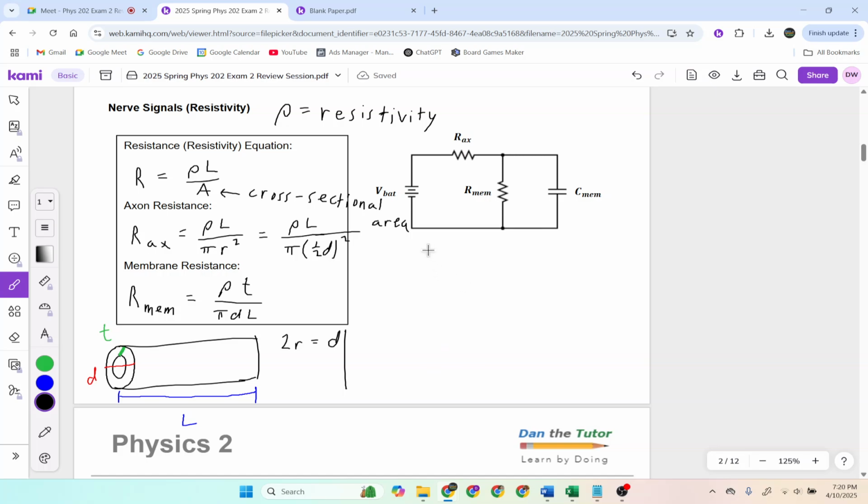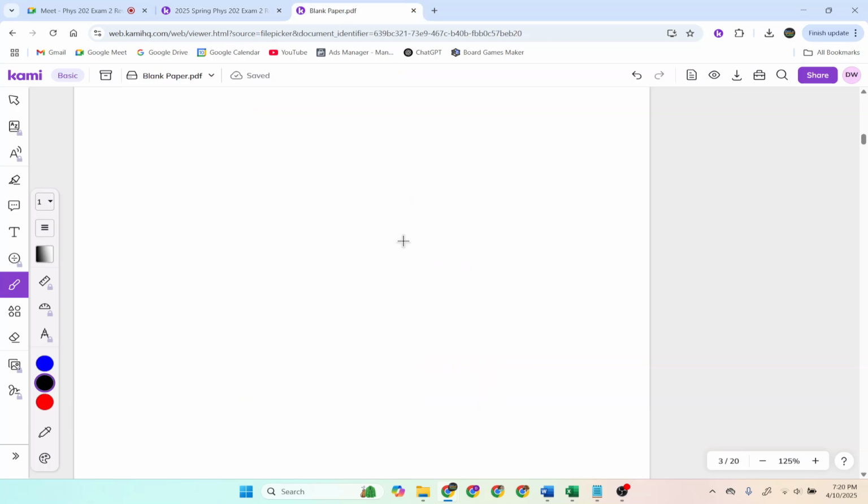Now for this section in the bottom right, I'm going to tell you the shortcuts. The shortcuts are, you only need to know this circuit for a short time and a long time. Actually, I'm going to draw it on a new sheet of paper. I need more room. So we have short time, and then we're going to have long time, just like before.